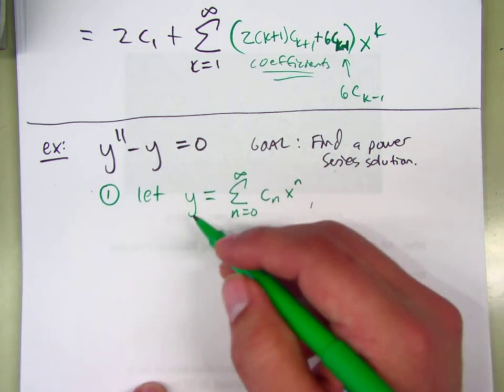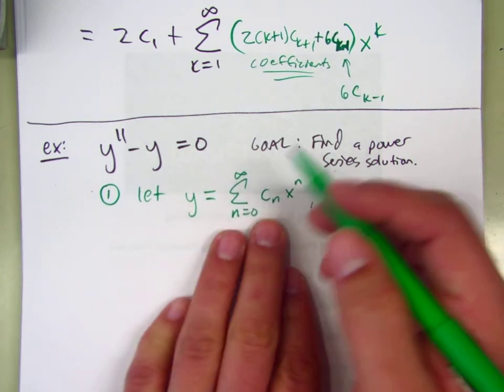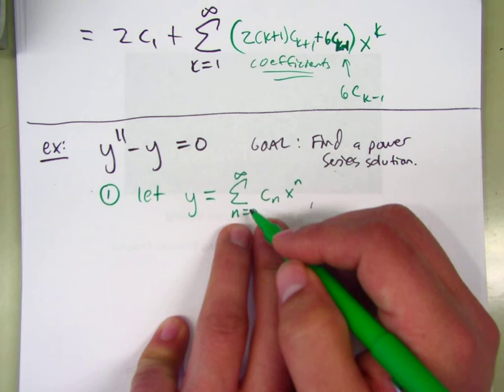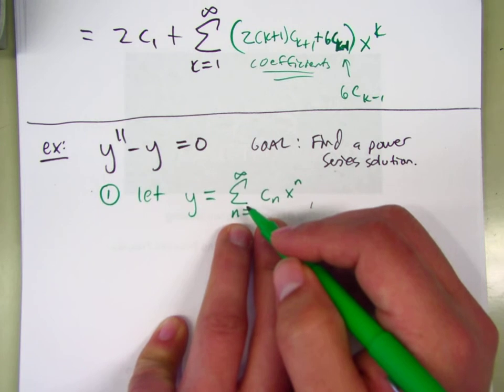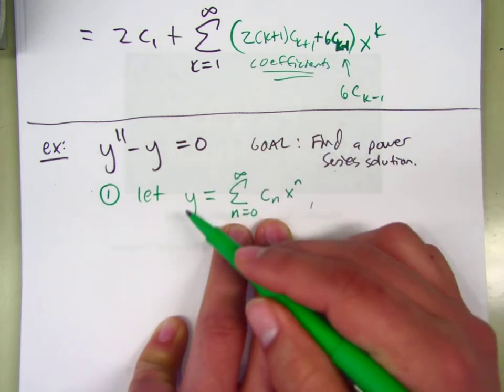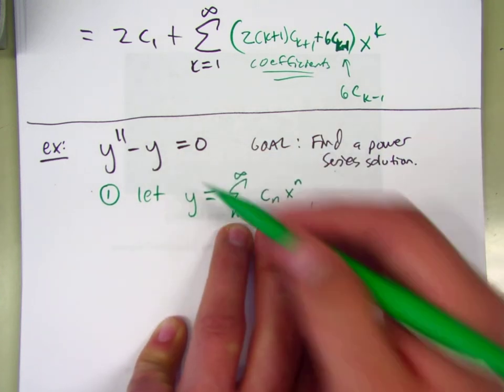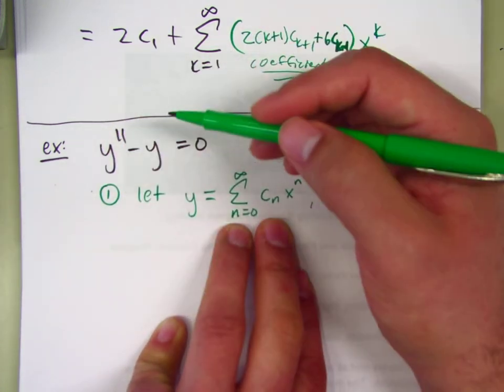Now typically, if this is y, what did we do once we knew what y was? What did you do anytime you had a particular solution? If we're trying to solve this, and I'm telling you we're going to plug it in, that means we've got to take the derivatives.